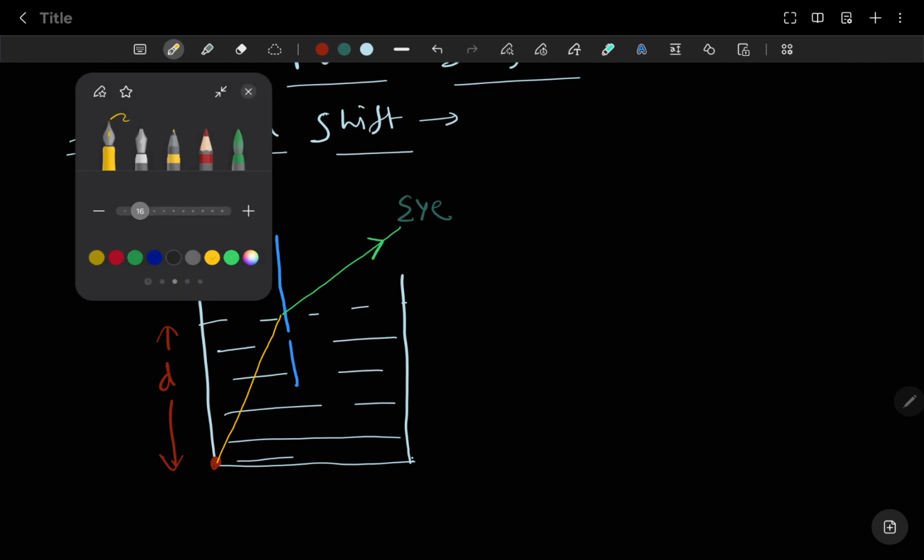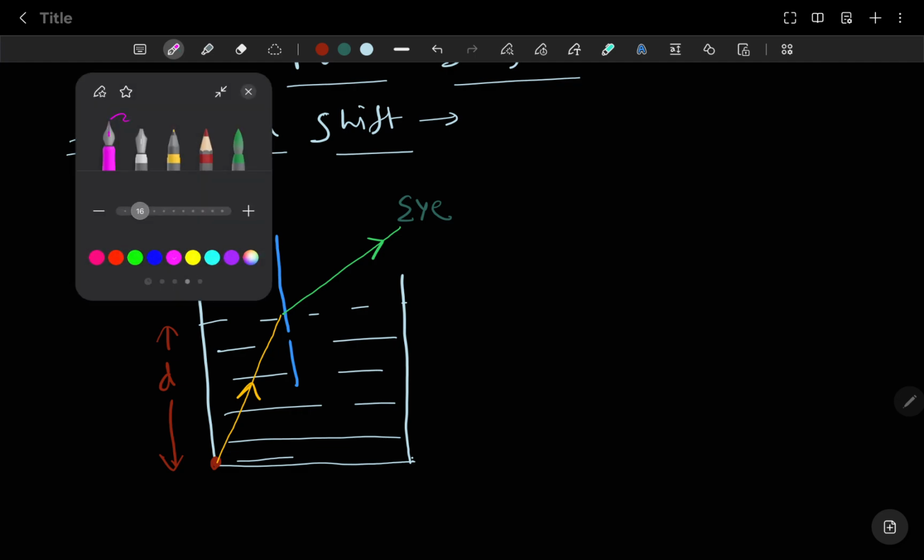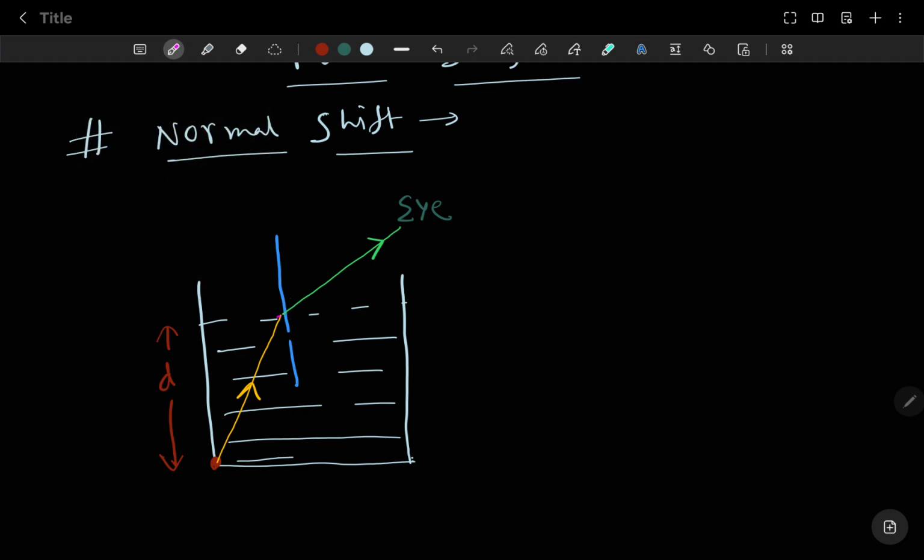Now the eye looks back like this, okay, the eye looks back straight, that means to the eye actually the light seems to be coming from this point, right?